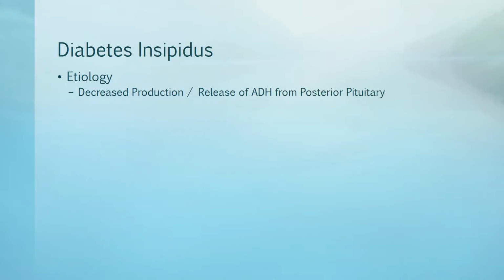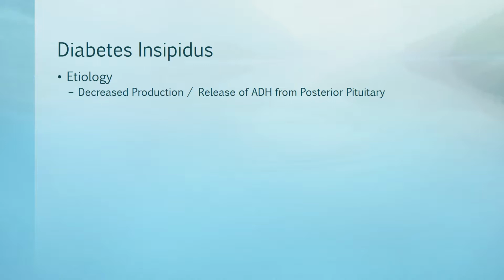Okay, so let's talk a little bit about what diabetes insipidus is. This is also known as central diabetes insipidus, and this is caused because of our antidiuretic hormone insufficiency. So what happens is with this insufficiency, it leads to excess fluid excretion.